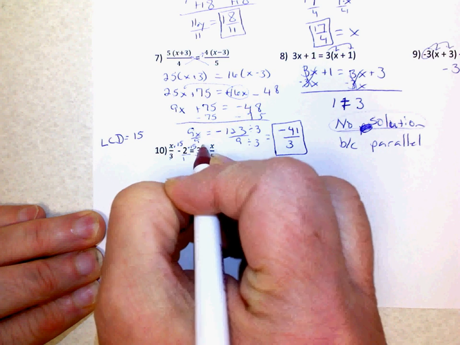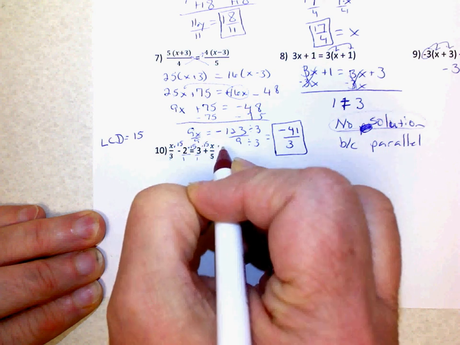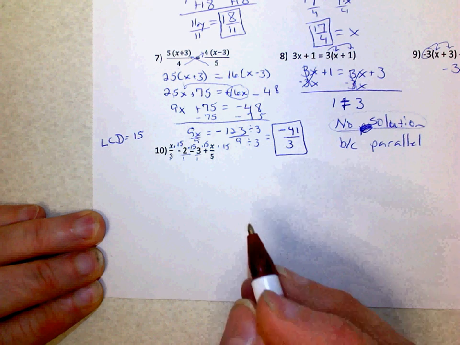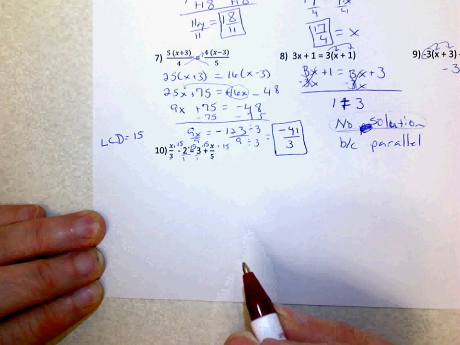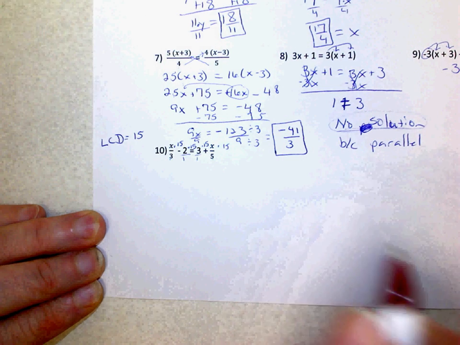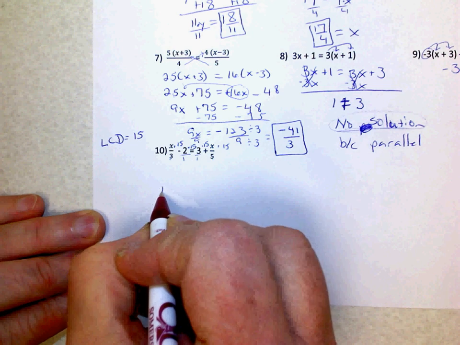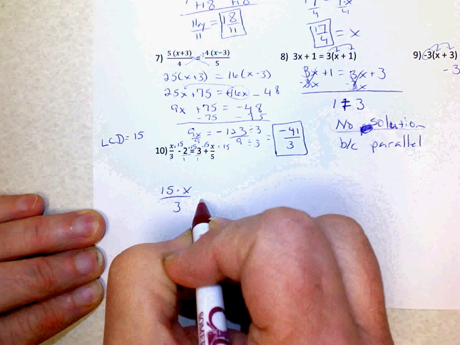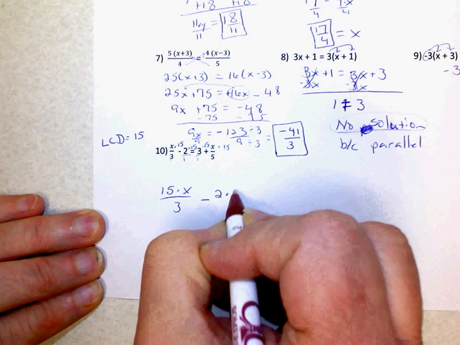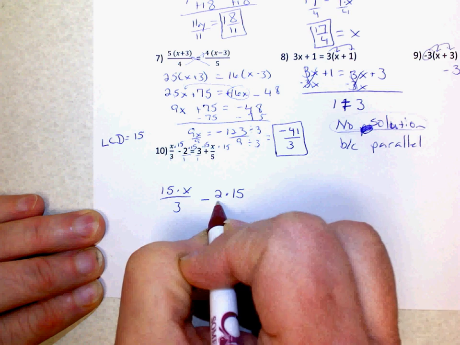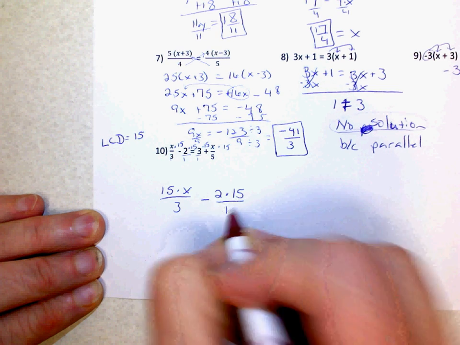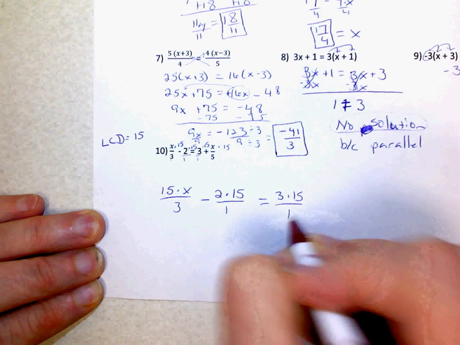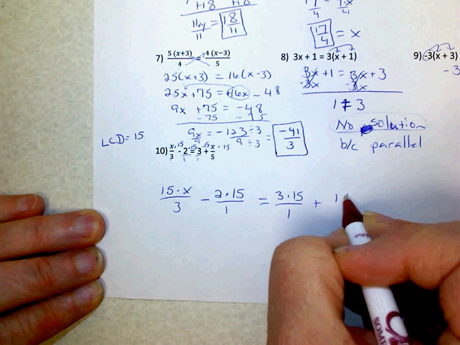And I know this kind of got really ugly looking right here and ran everything in together, so I'm just going to do this. 15 times your numerator, divide by 3, minus 2 times your numerator, 2 times 15 over 1 equals 3 times 15 over 1 plus 15 times x over 5.